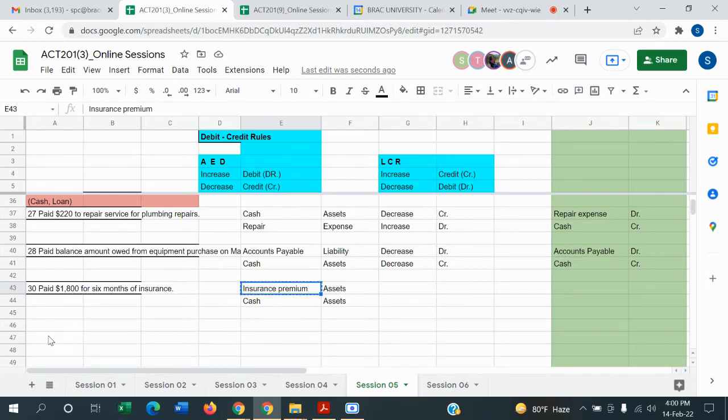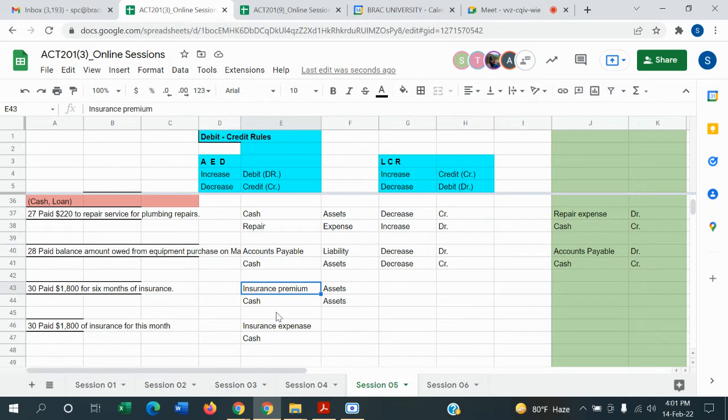Say for example, paid 1800 of insurance for this month. How are you going to record it? Insurance expense and cash. Okay. So basically, this insurance expense and insurance premium, whenever we write it something like that, it looks the same. So it creates confusion.